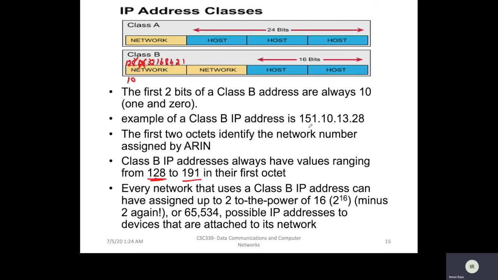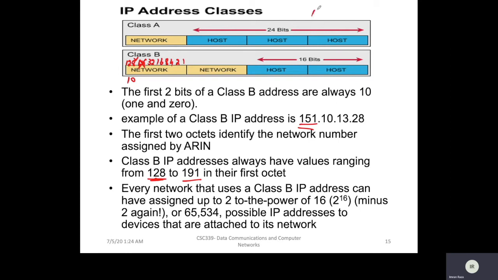So any address having the value of the leftmost octet between 128 and 191 belongs to class B. For example, this address here: just by looking at the first octet, I can say this is a class B address. Why? Because 151 is between 128 and 191.